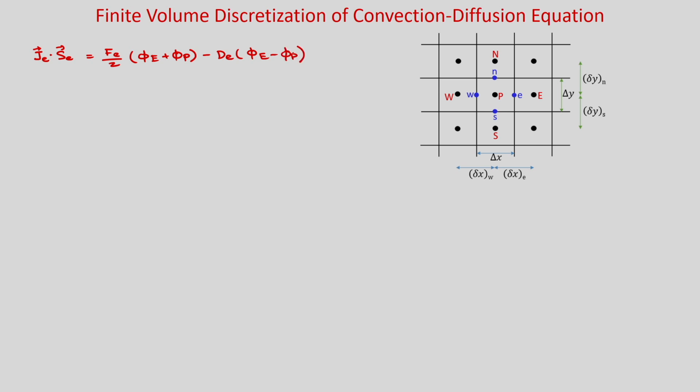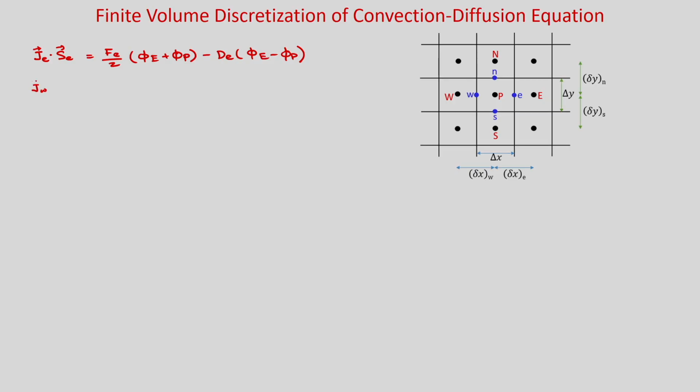Okay. So, we have written this flux vector dot product with the surface vector at the east face. Now, let us write for the west face. So, J_w dot S_w. Similarly, you can see it will be rho u phi at the west face.